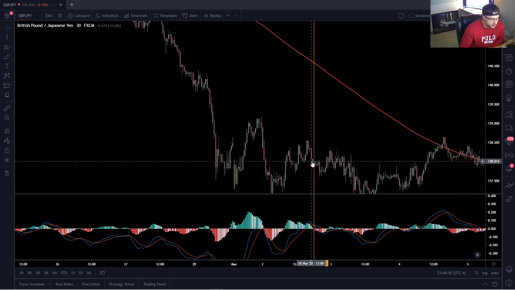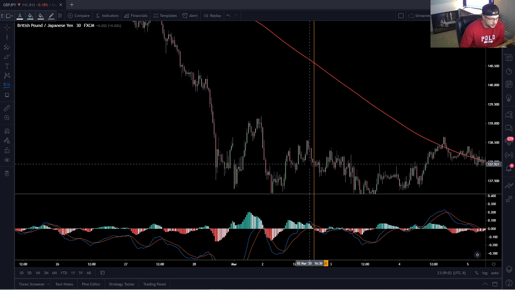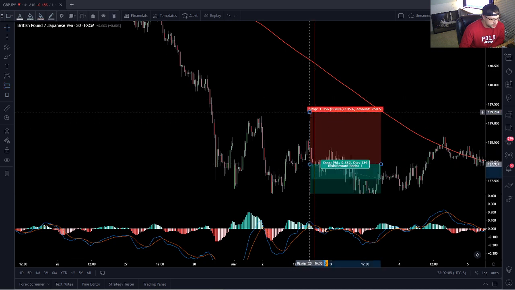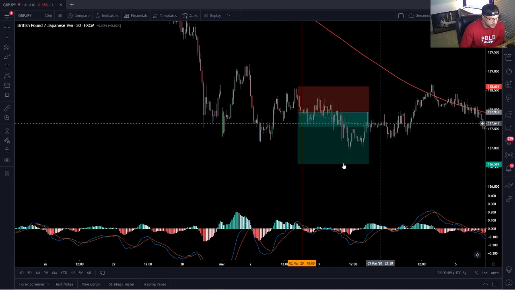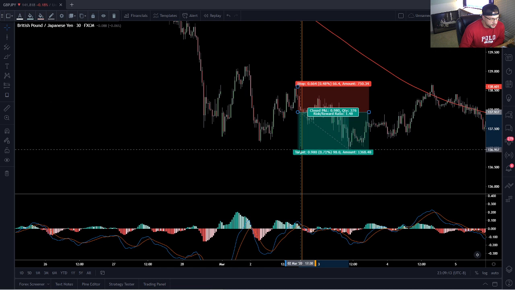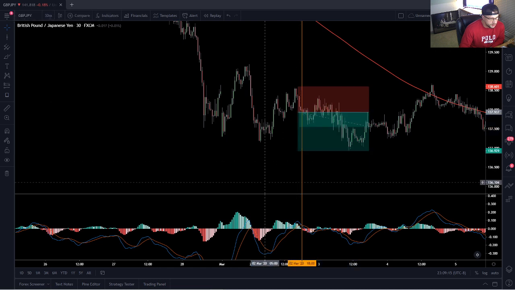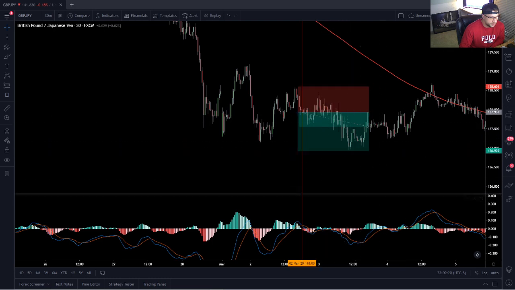Okay, so entry right there, stop up there, short trade, stop a couple pips above the high, target 1.5. Ooh, is this a loser? I mean, unless you manually close that right down there, that may have been a loser.